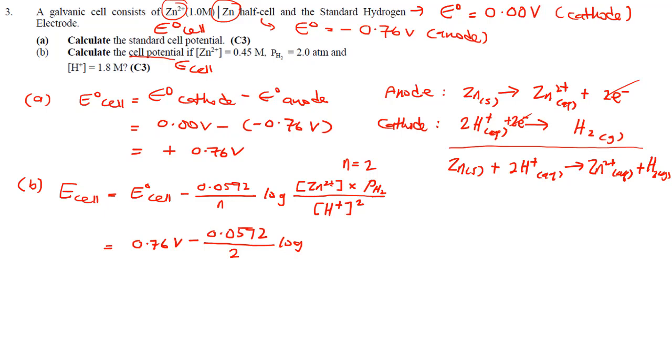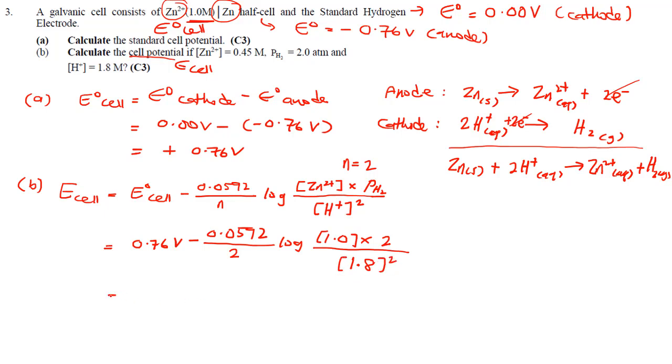Log, okay, concentration of zinc ion is already given here, 1 molar. Partial pressure of hydrogen is 2 atm. Okay, 2 atm. And concentration of hydrogen ion is 1.8 molar, so don't forget the square.